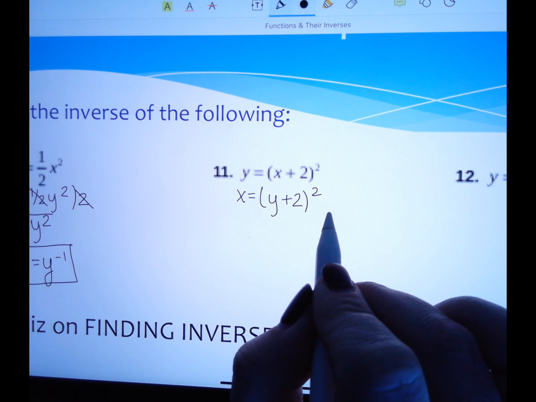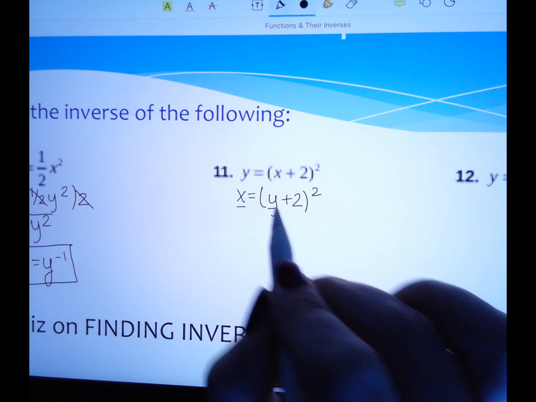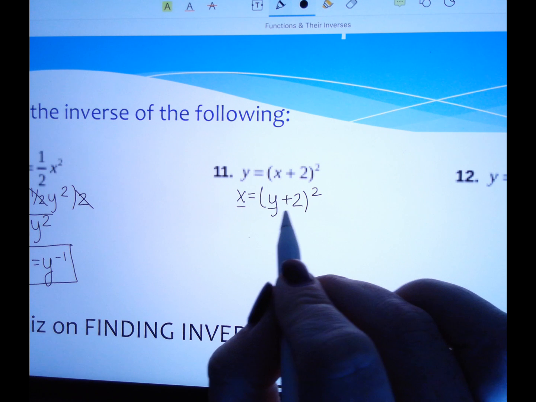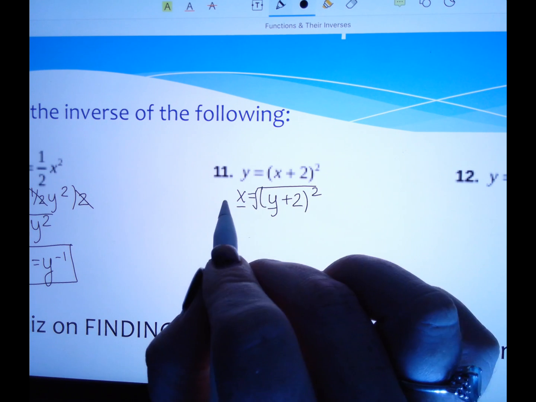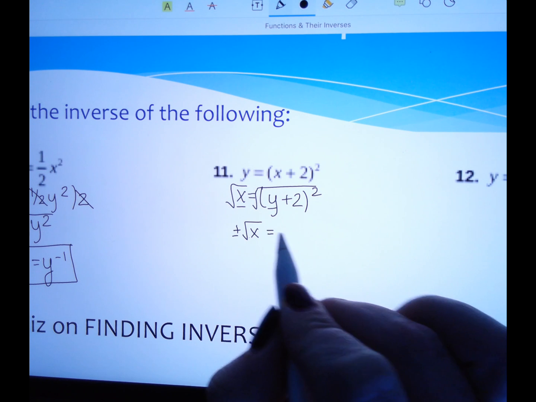But remember, when you're finding inverses, you want to just keep one x and one y if possible.